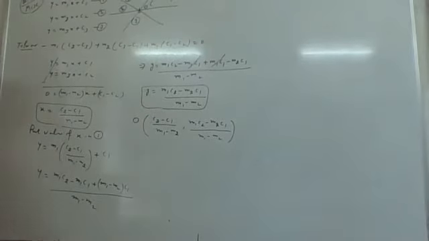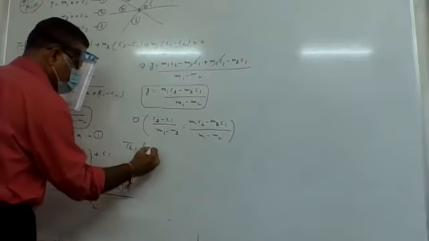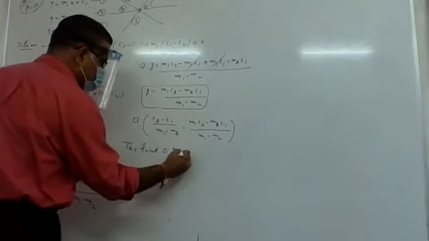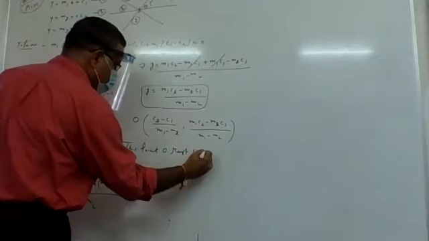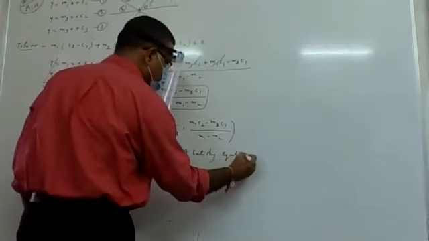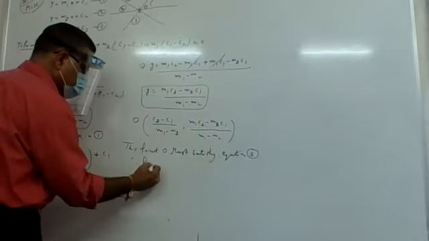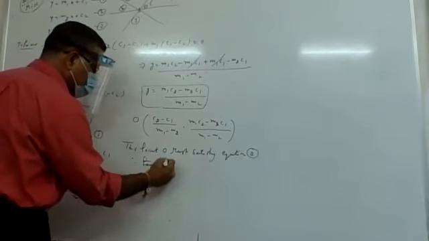Now this point O must satisfy equation 3. Why? Because the lines are concurrent.